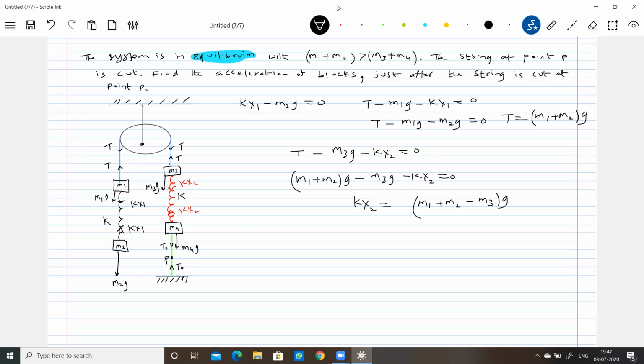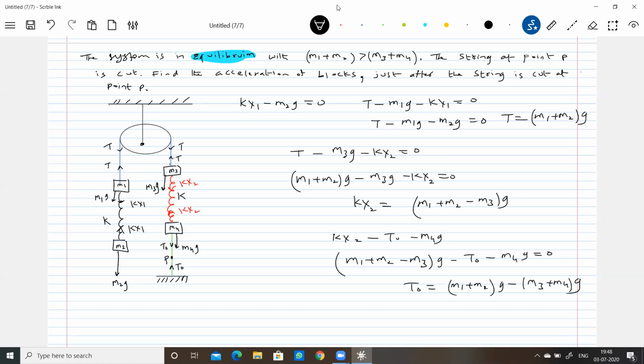Now, can we calculate the tension T naught? It's by equating forces now. Kx2 minus T naught minus M4G. Kx2 is equal to how much? Now M1 plus M2 minus M3. So T naught should be equal to M1 plus M2 G minus.